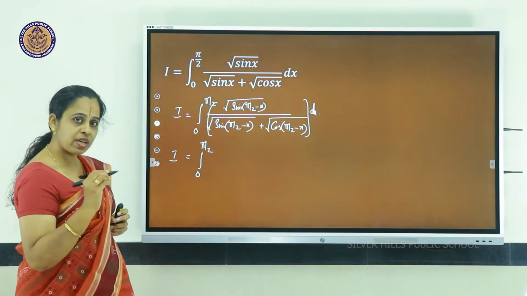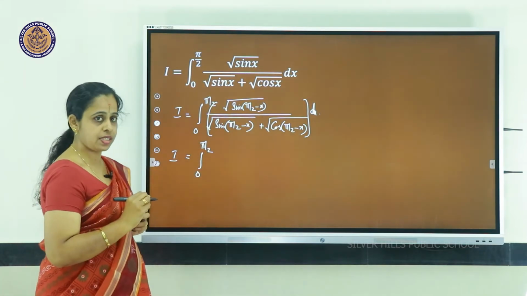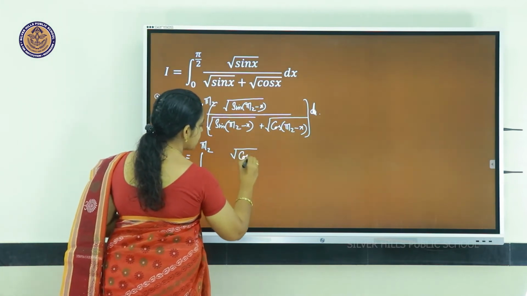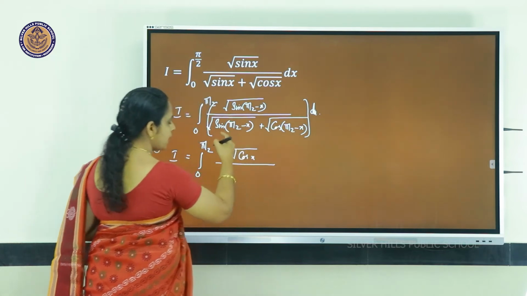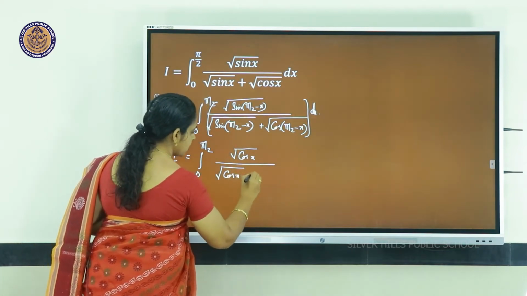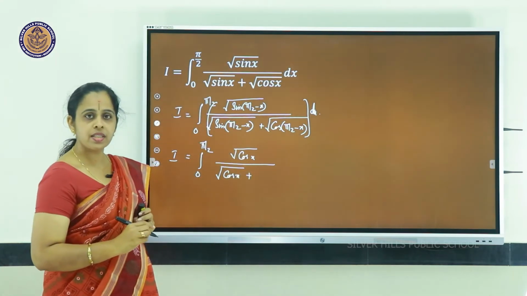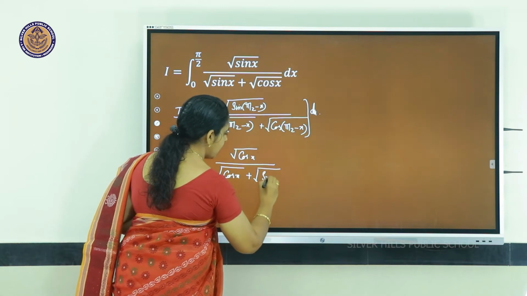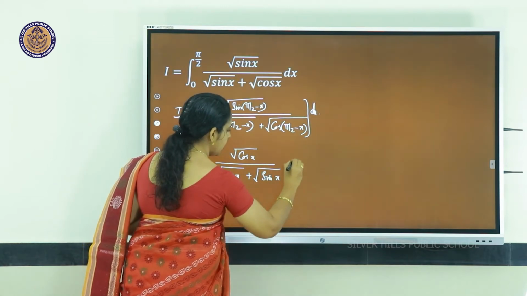Sine 90 minus theta, as I said before, is cos theta. So, root of cos x divided by root of cos x, cos 90 minus theta is sin theta, root of sin x dx.